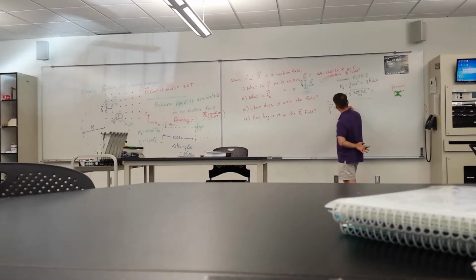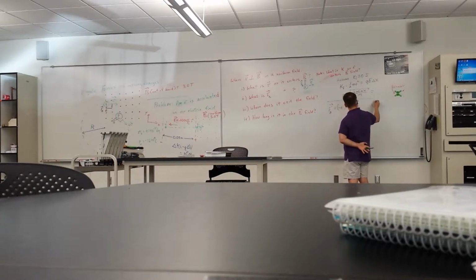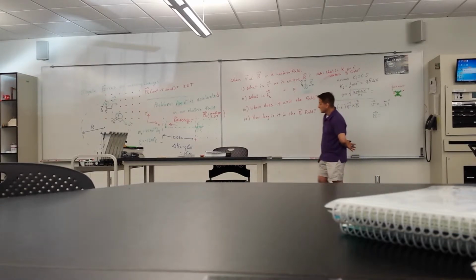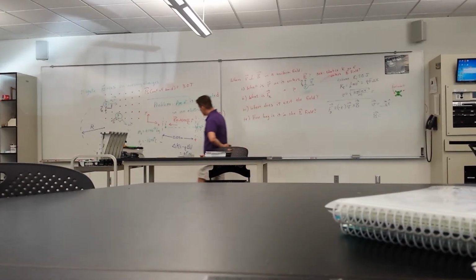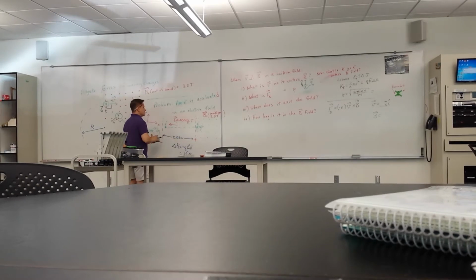We got negative q and we've got v cross B. v is whatever its velocity is in the i direction. Now normally, let's see, we've got an x, we've got a y.